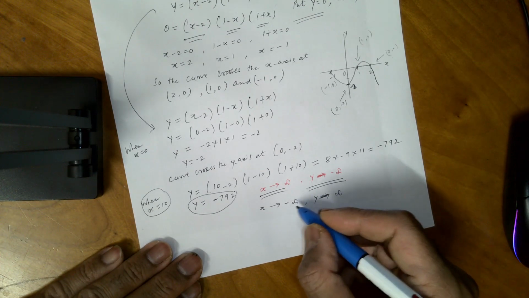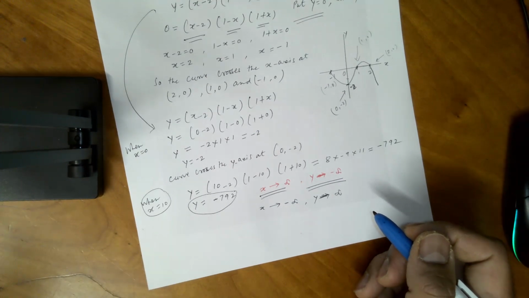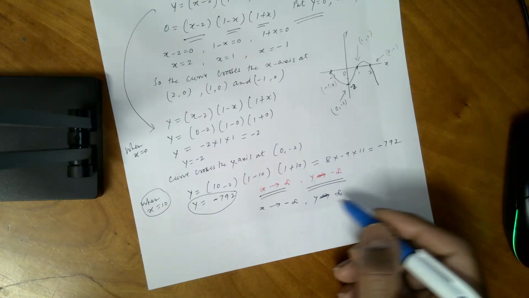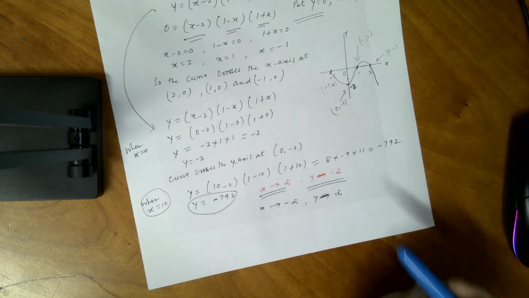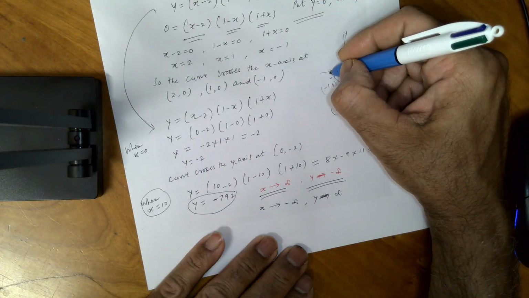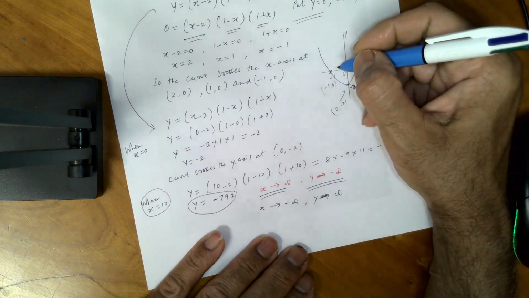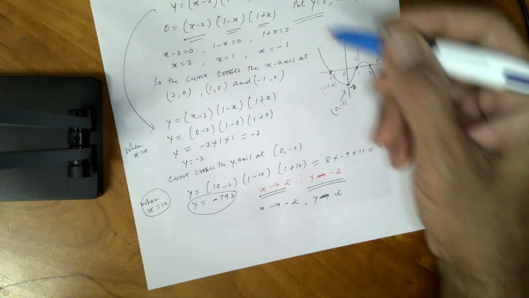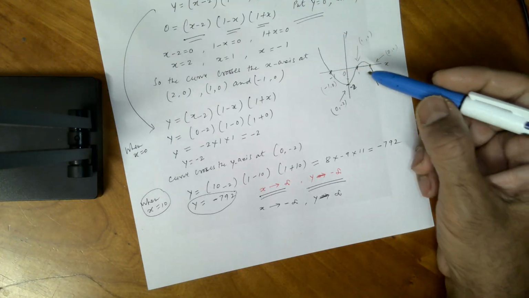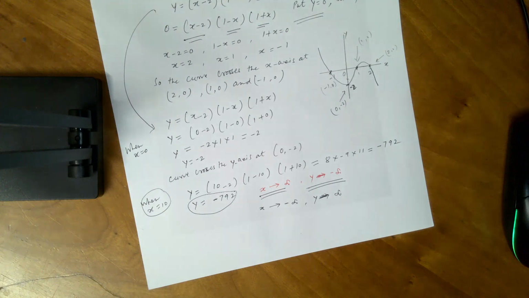So if x is negative, then y would be positive, a large positive value. I'm sure you can do that. Just use that equation and insert it. So in that case, you will see the graph will go like this. Because the number is large, it's going to infinity on this side as well.